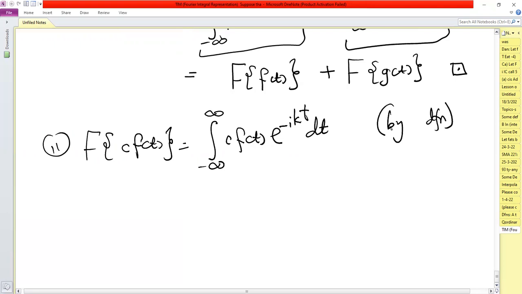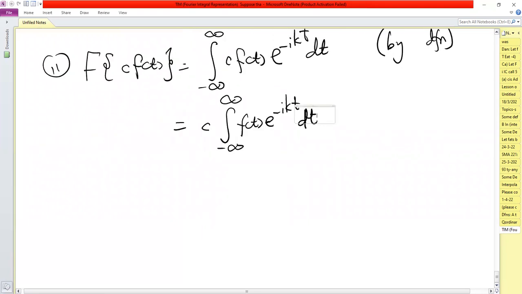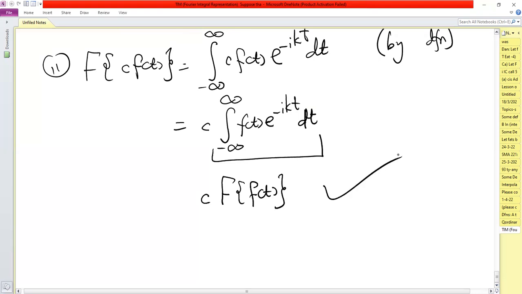And then this c being a constant, in this integration we can always factor out the constant. So this is c times the integral from minus infinity to positive infinity of f of t e raised to the power negative i k t dt. And then by definition, this part is what defines the Fourier transform of the function f of t. So therefore, that ends the proof.